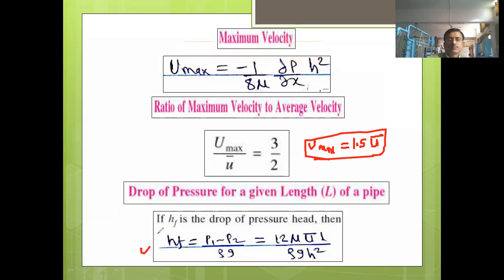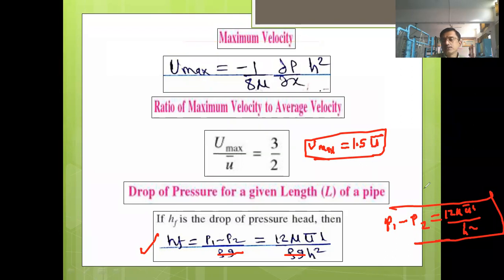This equation can be used for finding the drop of pressure head. Sometimes they will ask you to find the difference in pressure or pressure loss between two points. At that time you have to use this equation. Here, if you see, rho g can be cancelled and you will get P1 minus P2 equal to 12 mu u bar L divided by h square.